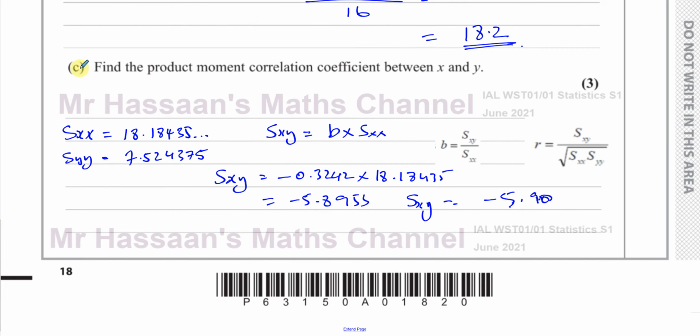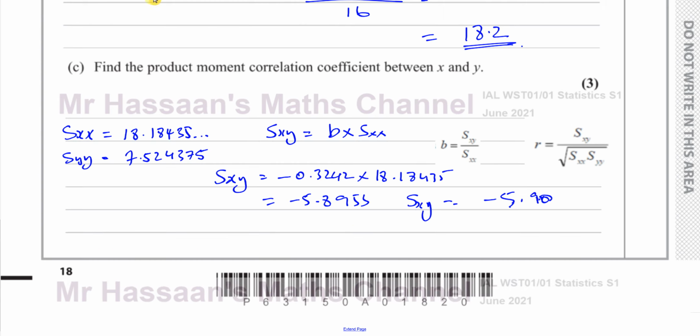Okay, so I'll just fit it in at the bottom here. So R, remember, is SXY, which we just found, which is minus 5.8953, divided by the square root of SXX, which is 18.18435, multiplied by SYY, which is 7.524375.